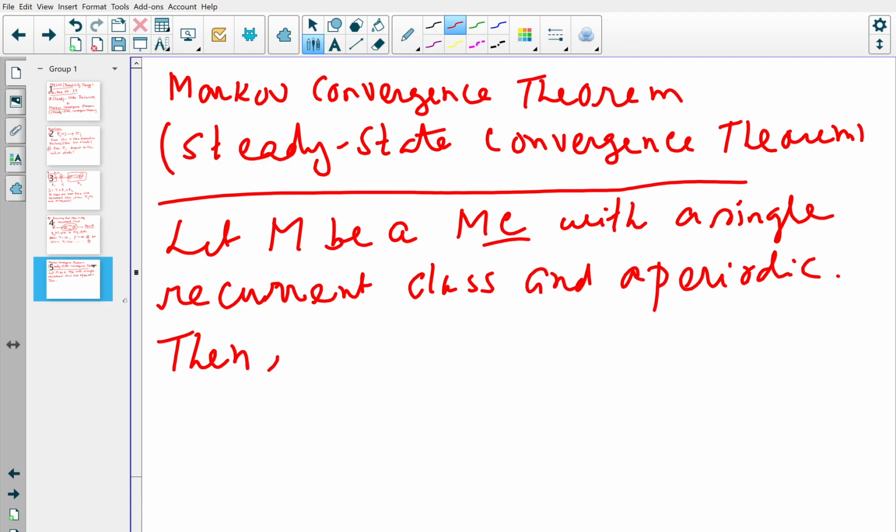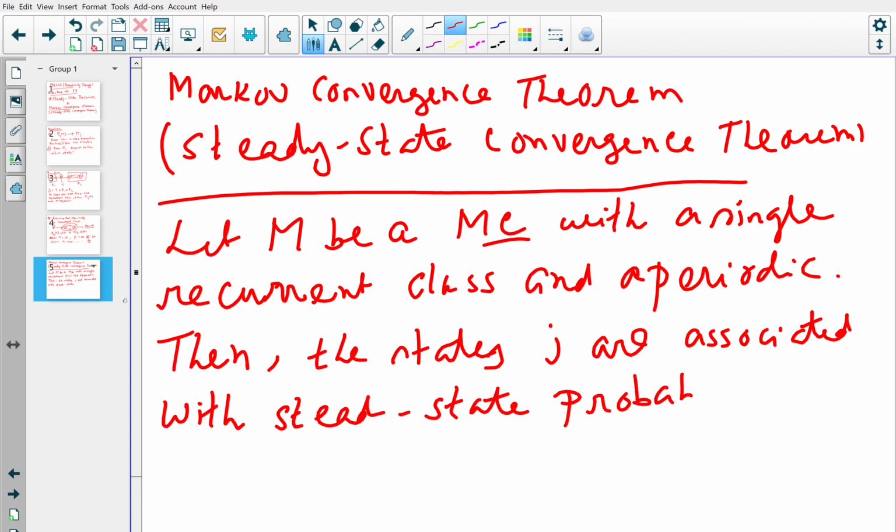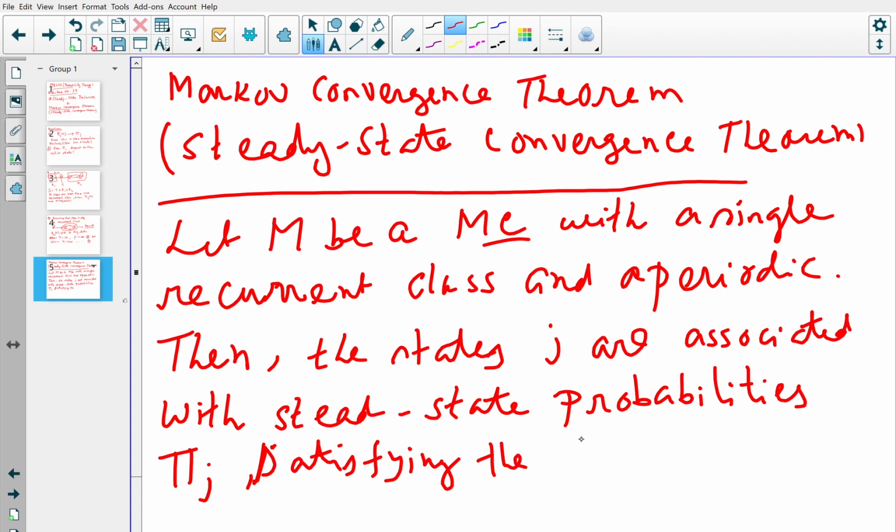what happens? Then the states j are associated with the steady state probabilities pi j, satisfying the following properties.